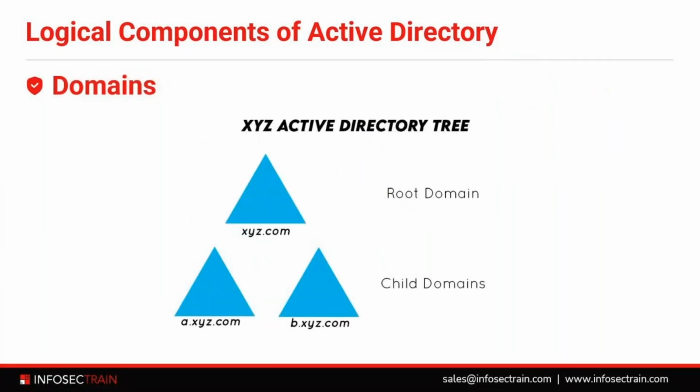Then the next component is domains. Now when we talk about domains, we'll take the same example of the Amazon rainforest. As I said, there are around 400 tribes living there, right, in the Amazon forest. Each of these tribes is unique in certain ways.